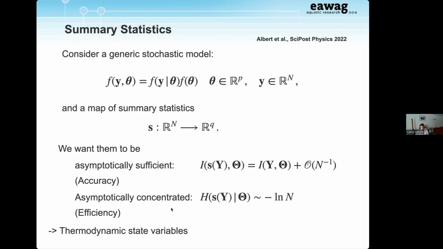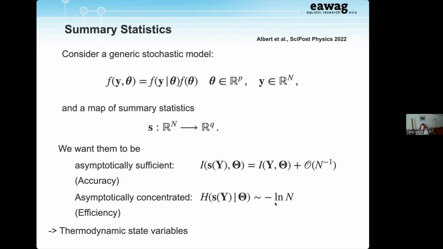So rather than speaking of the number of summary statistics, we should speak about the concentration of the summary statistics. Ideally, for fixed parameters, we would like the summary statistics to be almost point-like, very much concentrated. That is the same as to say that we don't want summary statistics to encode noise. They should encode almost all the parameter information, but ideally none of the noise.